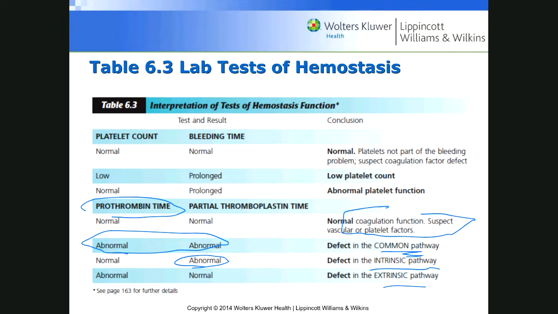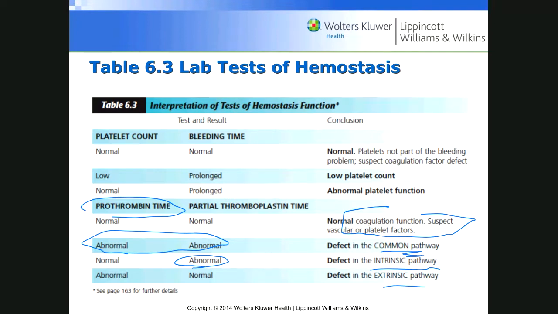If the partial thromboplastin time is abnormal, that's the intrinsic pathway. If the prothrombin time is abnormal, it is the extrinsic pathway, which requires factor 7 and factor 3. Factor 3 is known as thromboplastin.